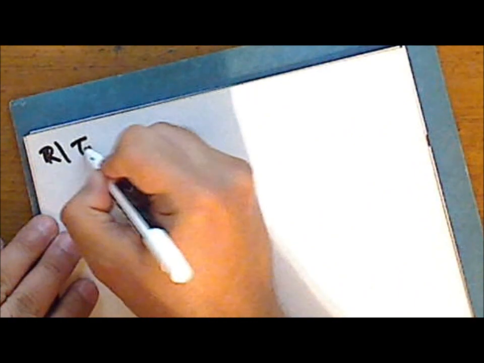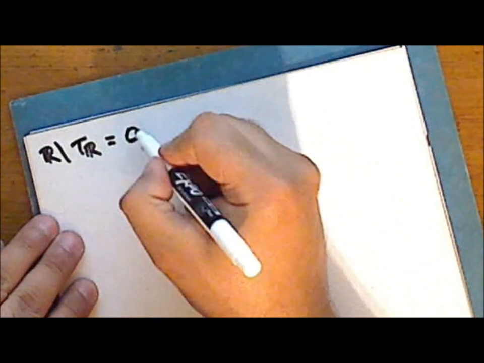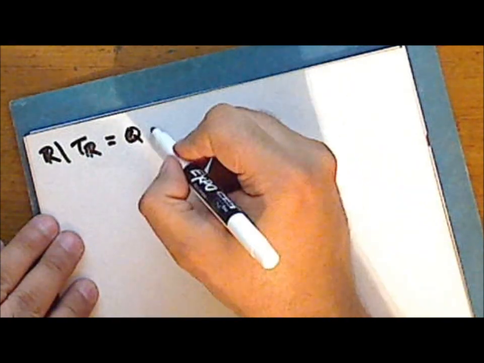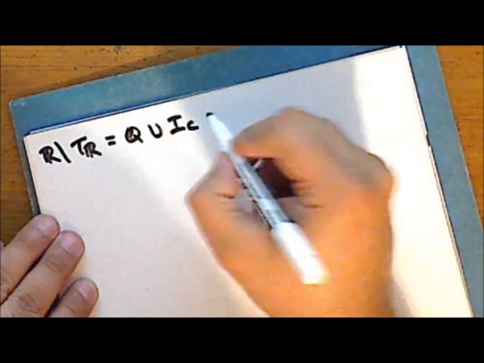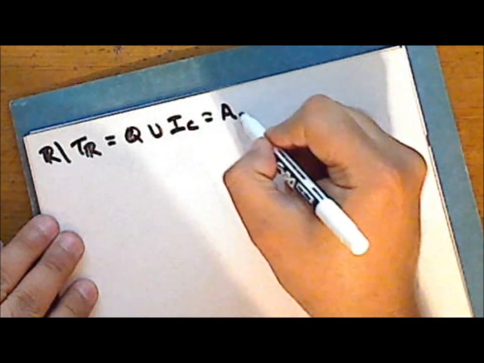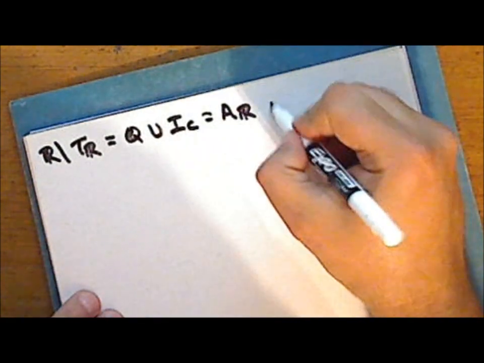Okay, so if we take the complement of the real transcendental numbers in the set of reals, this leaves us with the rational numbers and those irrational numbers which are algebraic, and of course this is the set of all real algebraic numbers, and this is countable.